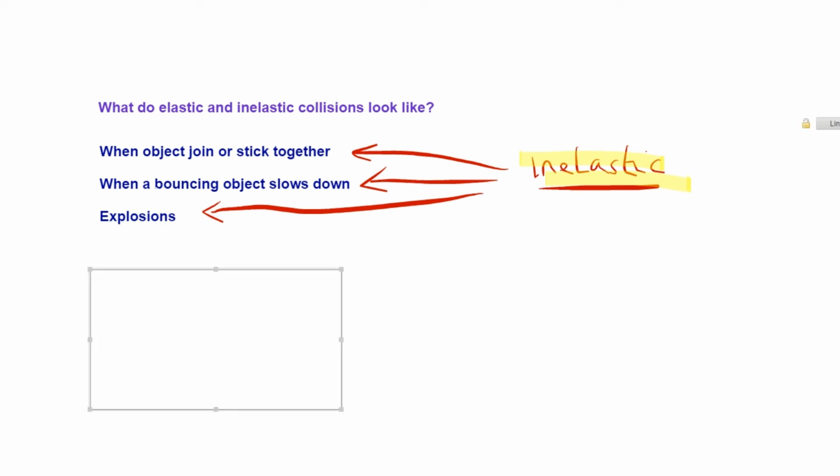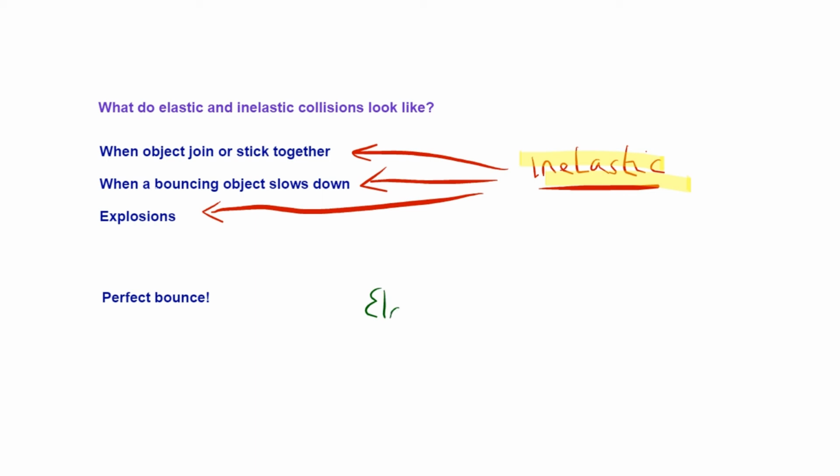And if we want to find out what an elastic collision might look like, sometimes you don't know without doing a calculation, but a perfect bounce is a good candidate for an elastic collision. If we were to drop one of those super bouncy balls that you can buy in a toy shop, they come close to bouncing up to the same height.